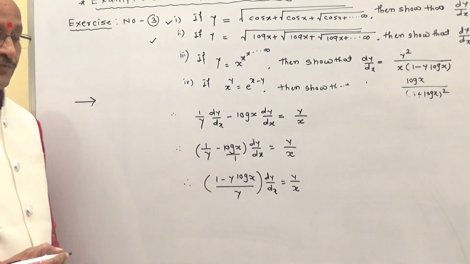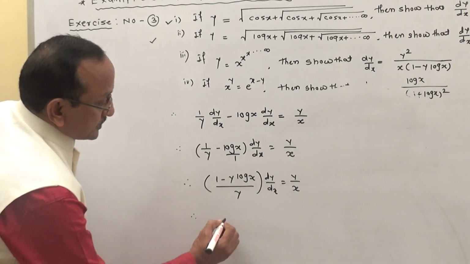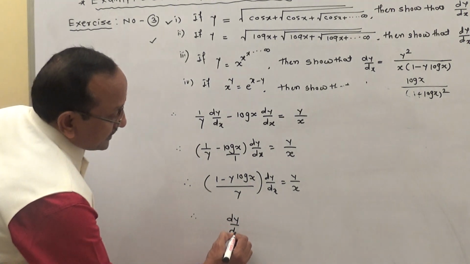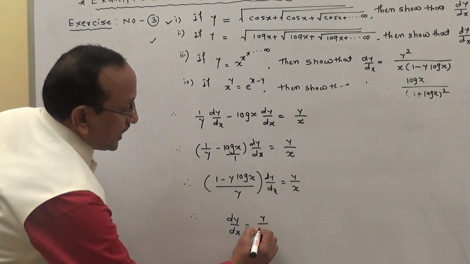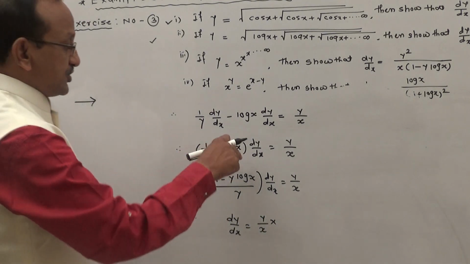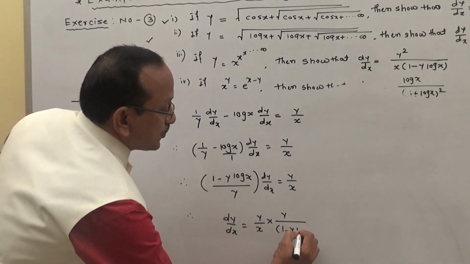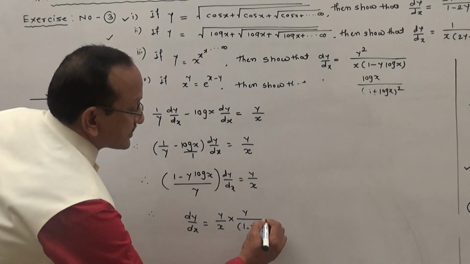Now by taking reciprocal, dy by dx is equal to y upon x into, by taking reciprocal, y upon 1 minus y times log of x.